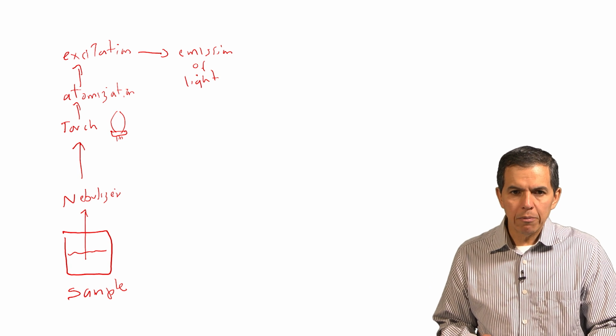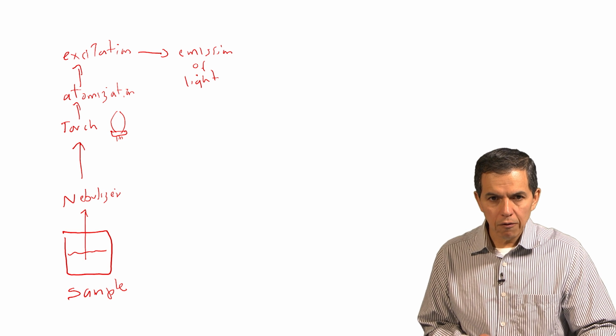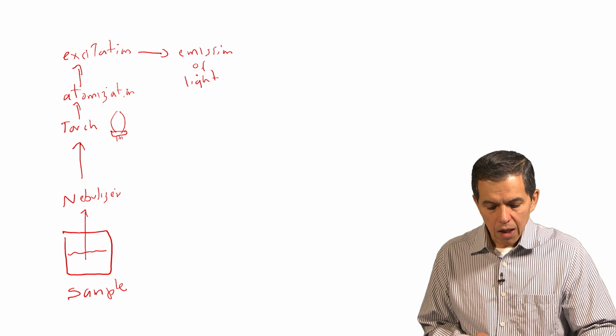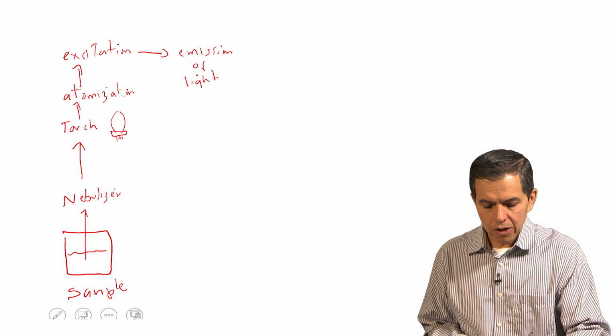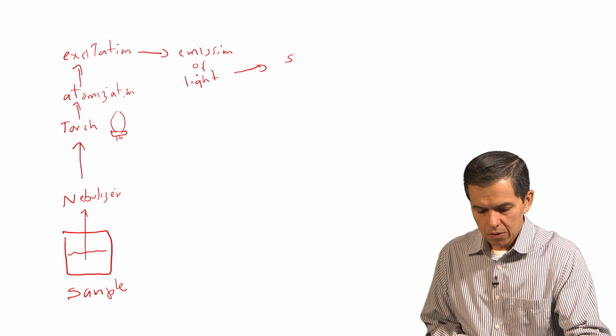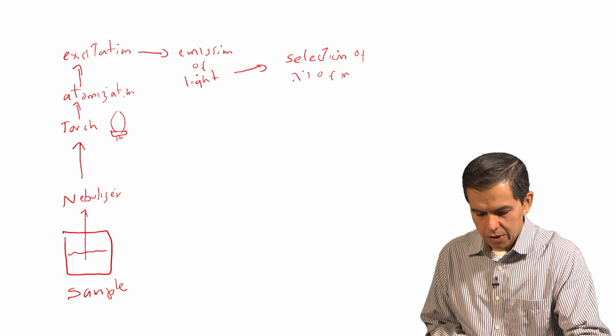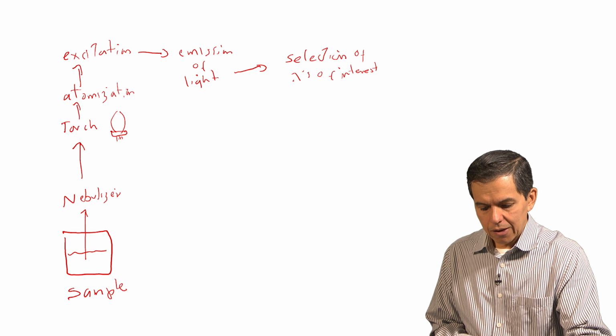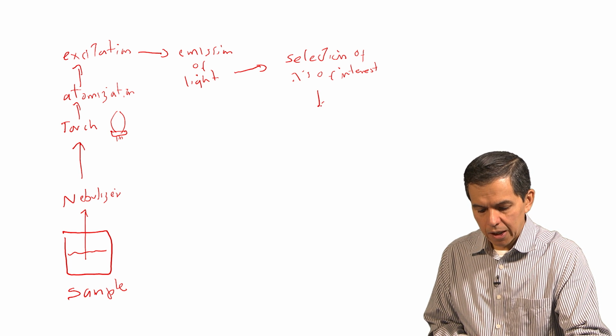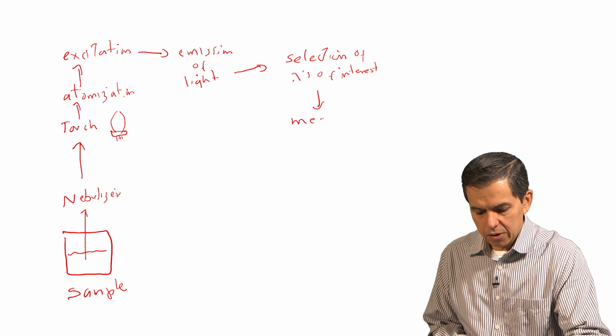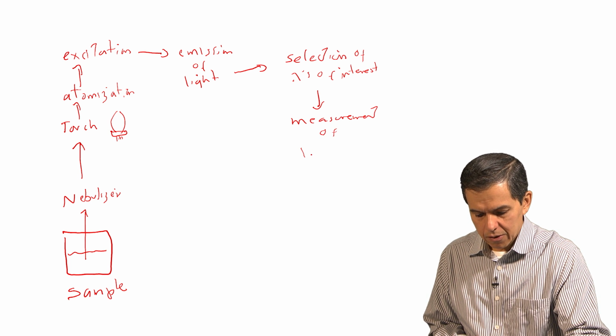Because we have multiple elements and we appreciate the complexity of the spectrum of each element, it is important to do a selection of the lambdas of interest. And that selection leads then to the measurement of light that has been emitted.